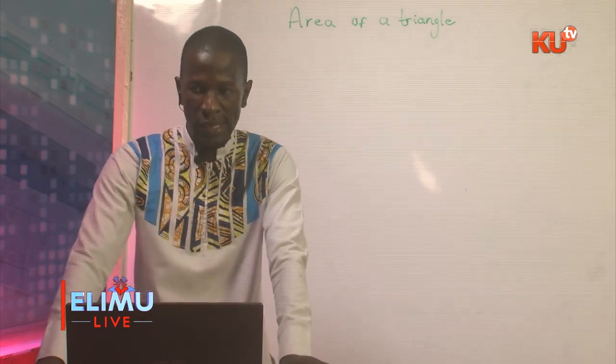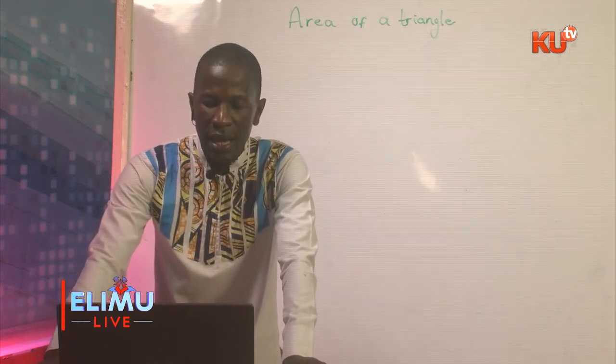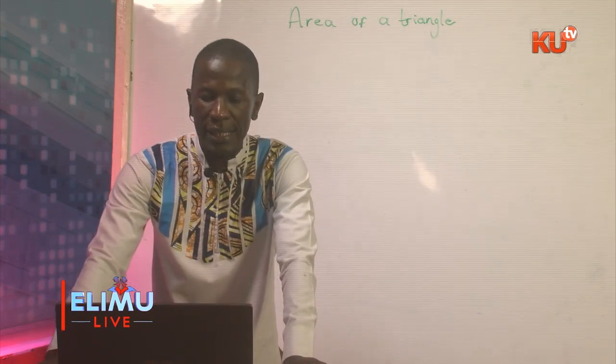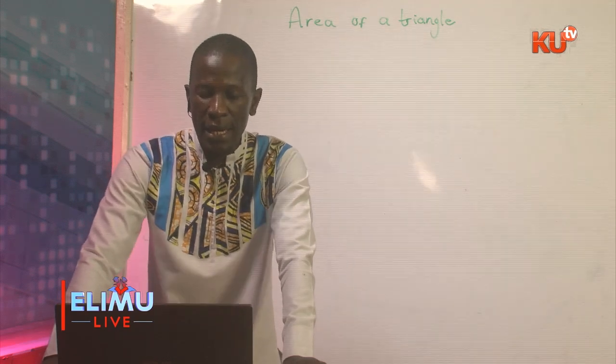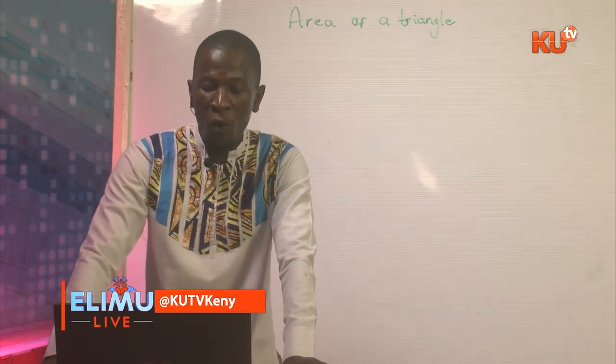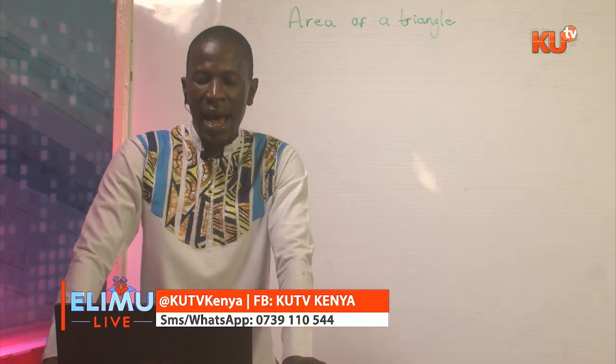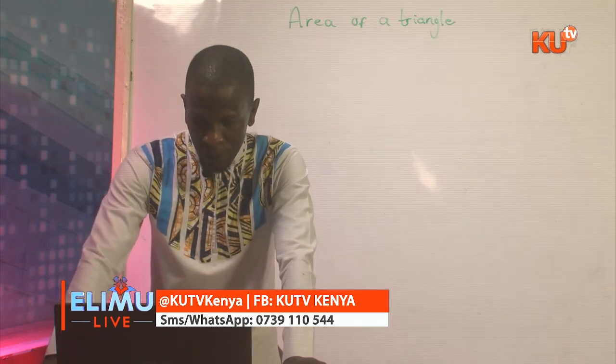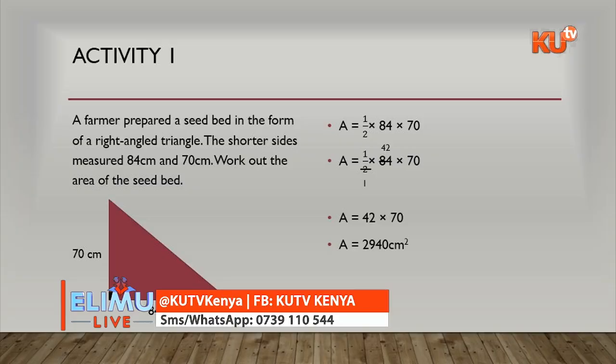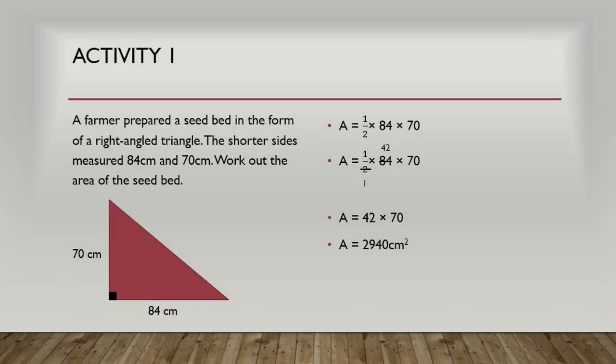Activity 1 from your screen says, a farmer prepared a seed bed in the farm in the form of a right angle triangle. The shorter sides measured 84 centimeters and 70 centimeters.